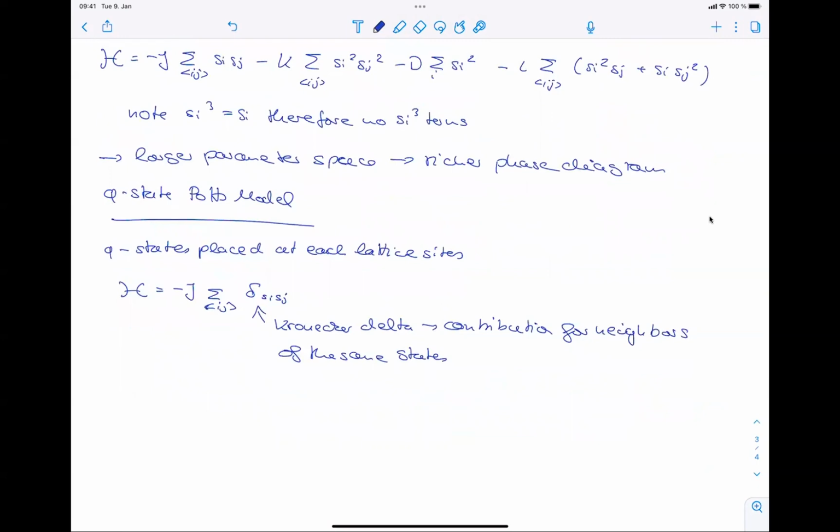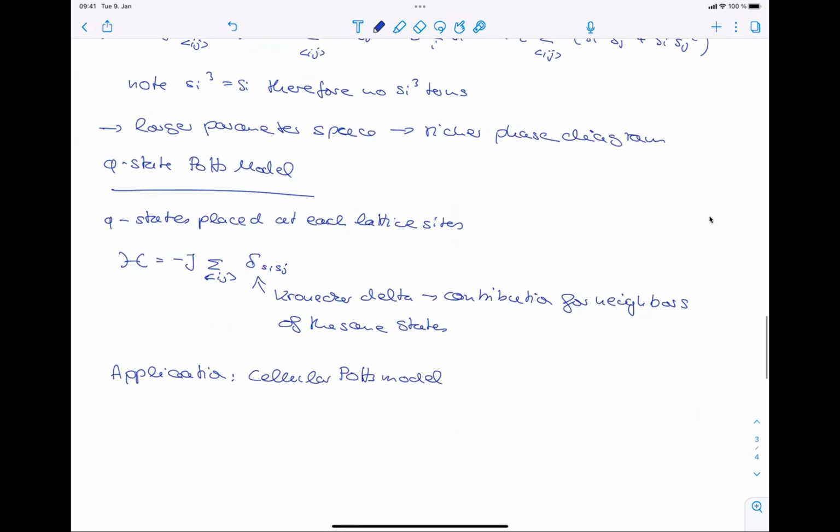One really prominent and very powerful application in the past 10-15 years has been the cellular Potts model, to describe the dynamics of tissues and cells.